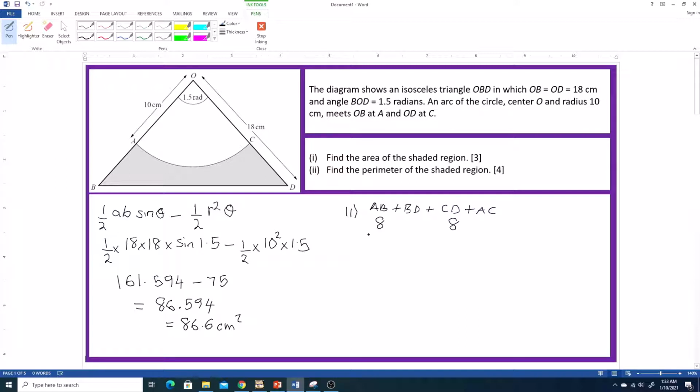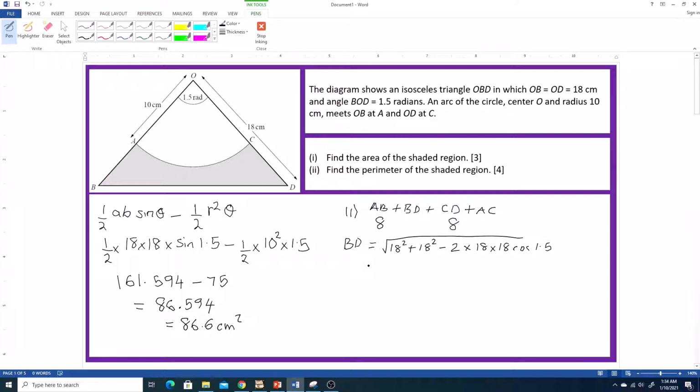Now we need to calculate BD. The simplest way to calculate BD would be to use the cosine rule, and I'm going to do it in one step. I'm going to square root, so it is b, which is 18 squared, plus c, 18 squared, minus 2 b c, which is 18 times 18, cos theta, our theta is 1.5.